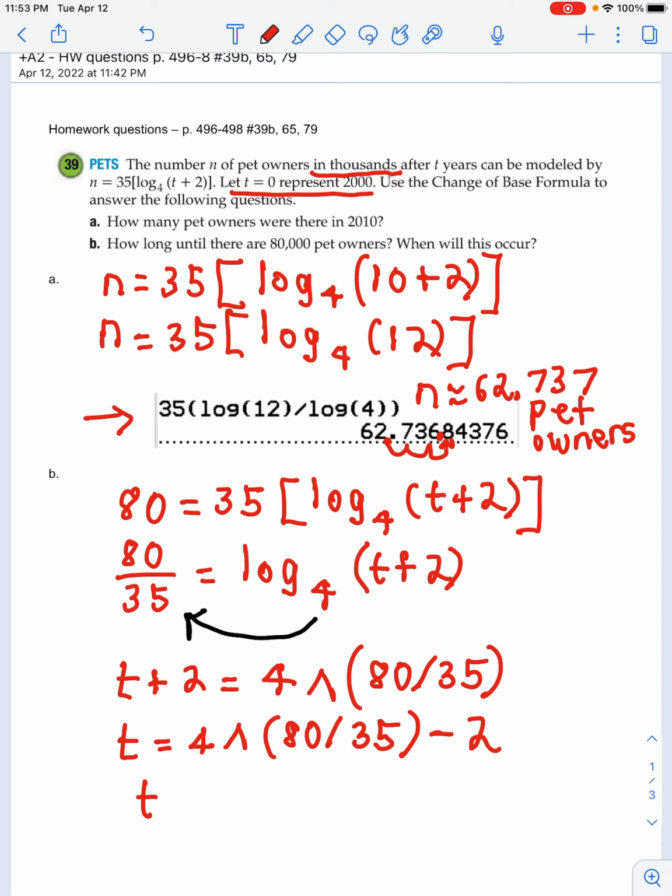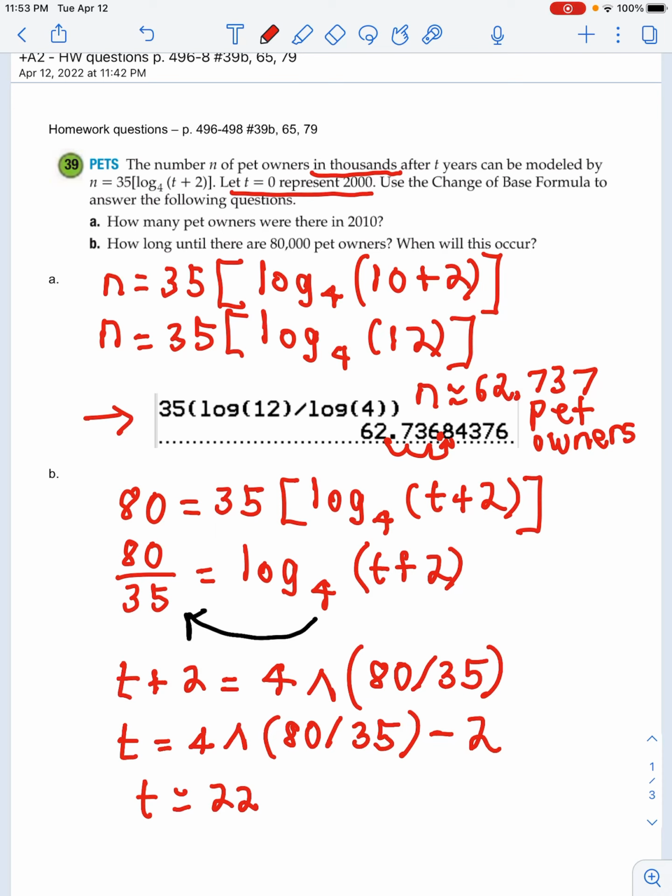And I believe that gives us about 22 for t, which means it says how long until there are 80,000 pet owners. It'll be about 22 years, which means the interpretation is the year 2022, our current year. All right, that's 39 part B.